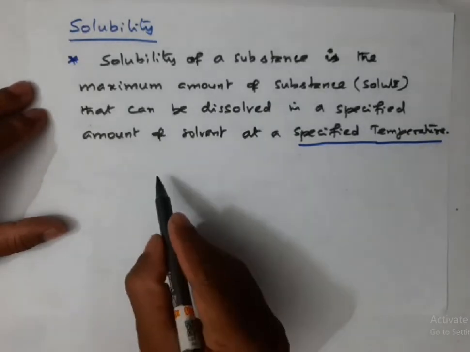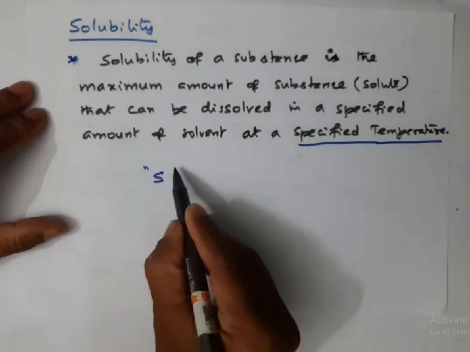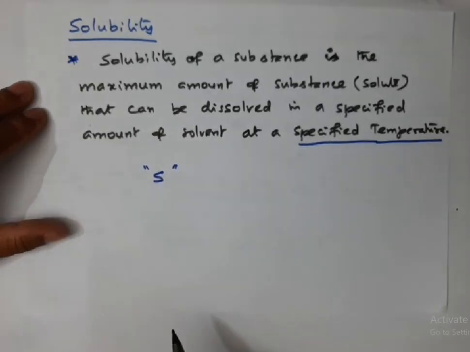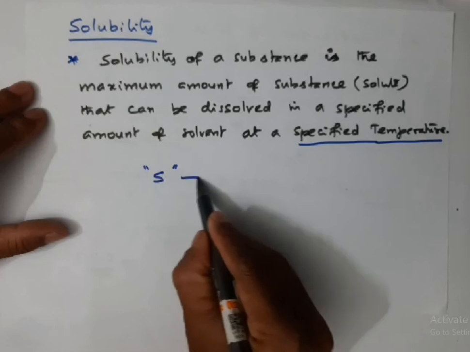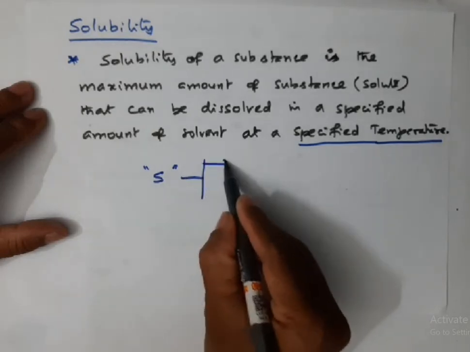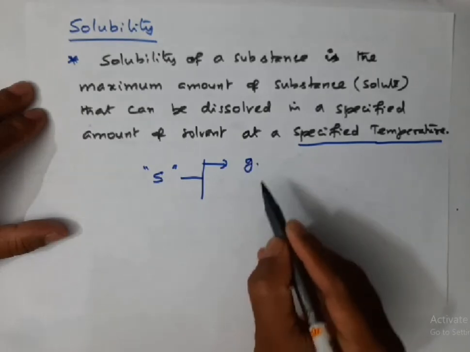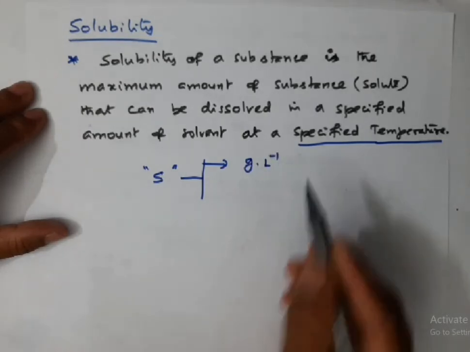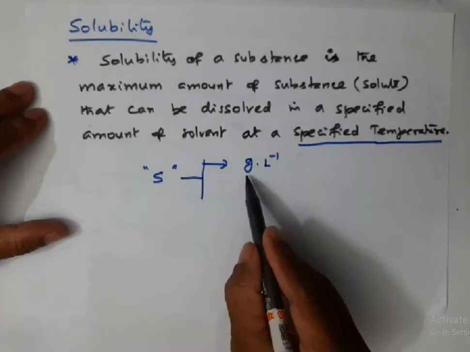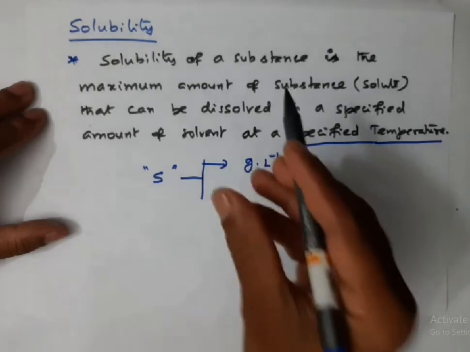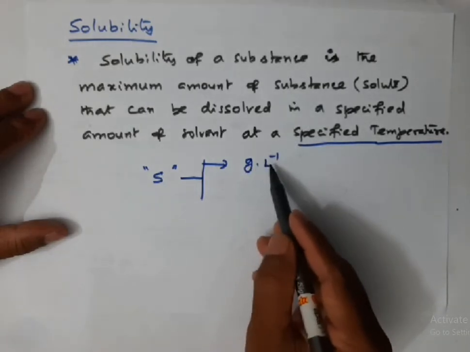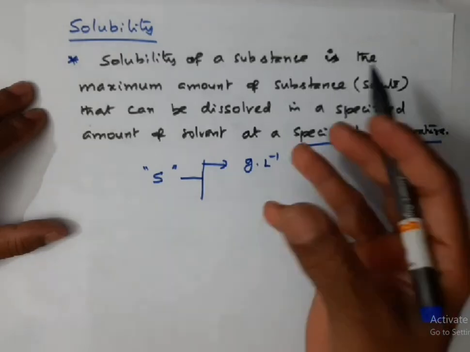We usually represent solubility by the symbol S. What are the possible units? Usually solubility is expressed as gram per liter. Gram indicates the mass of the solute, per liter indicates the solution.